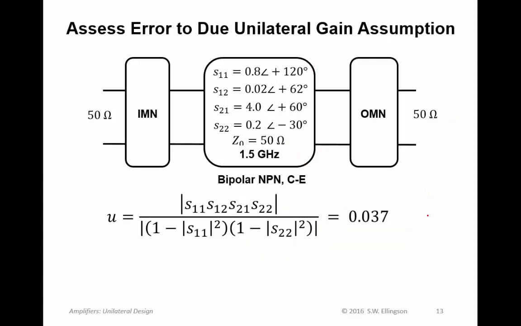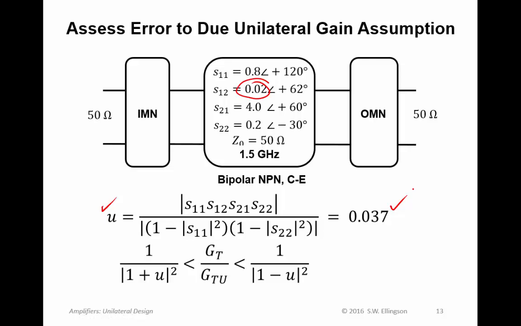So first, since this is not exactly unilateral, S12 has a magnitude of 0.02, we should assess the unilateral figure of merit and see what our likely error is going to be. So here we're calculating the figure of merit. I get a value of 0.037. Alone, that doesn't tell you much, but you use this relationship to see how the gain is going to be bounded.